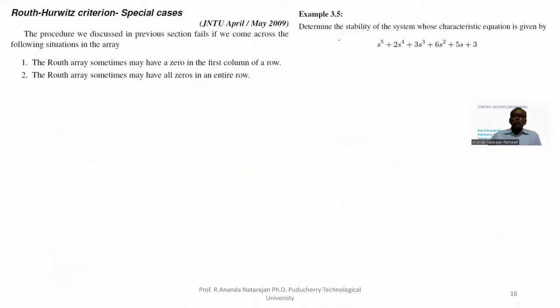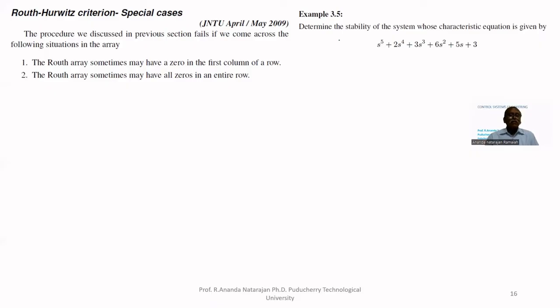In the Routh-Hurwitz criterion, some special cases are there. If you proceed with the Routh-Hurwitz criterion, sometimes we may fail in the middle. There may be 2 reasons. One is the first column element may become 0 suddenly. If it becomes 0, you cannot proceed further because we have to divide by that number. You will get infinity.